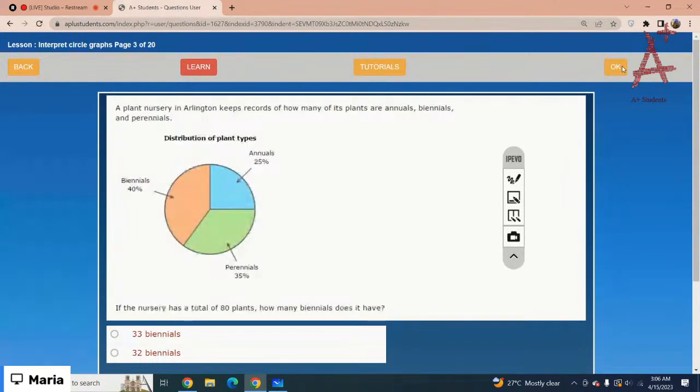A plant nursery in Arlington keeps a record of how many of its plants are annuals, biennials, and perennials. So you are given the graph. If the nursery has a total of 80 plants, how many biennials does it have?